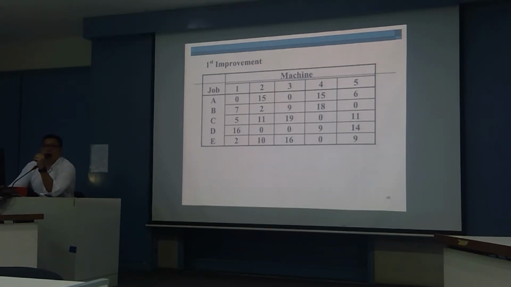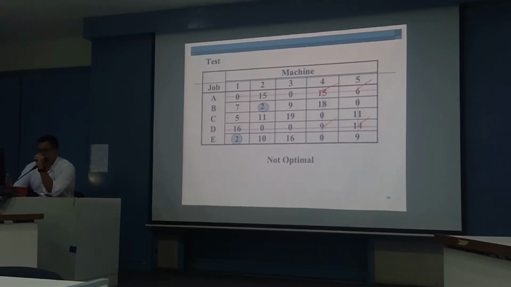How many lines? 4. Yes, it's 4. So then we do not have the optimal yet, right?